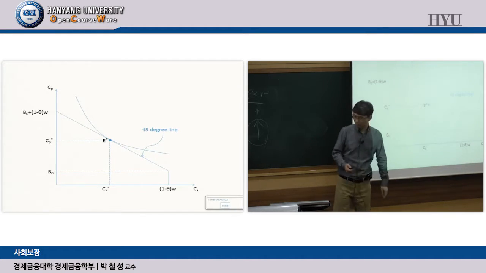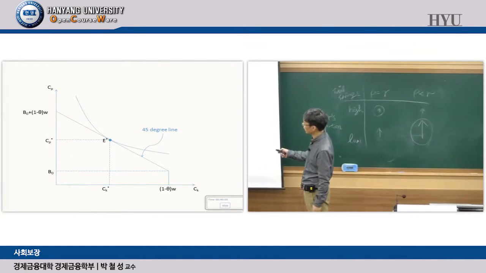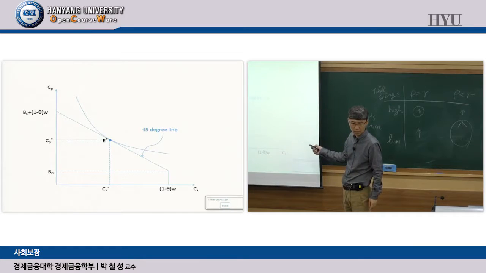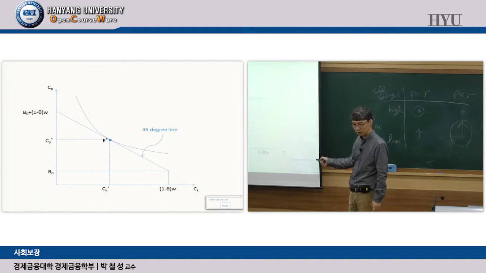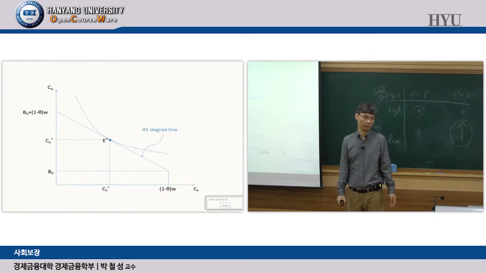In this case, what is likely is something like E star. What is E star? E star is the case where she consumes some of her income and gives some of her income to her parents.